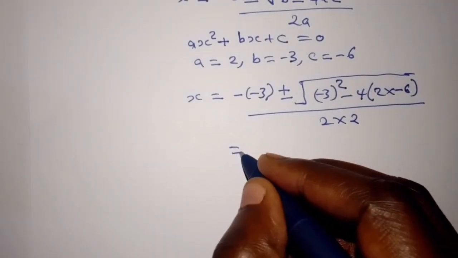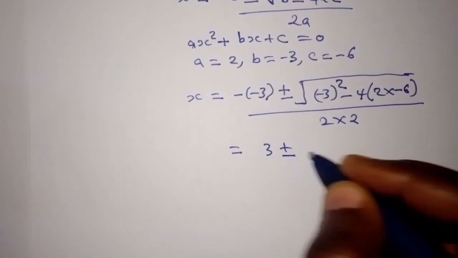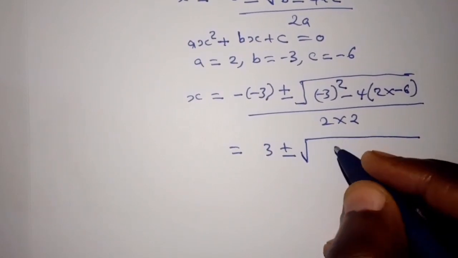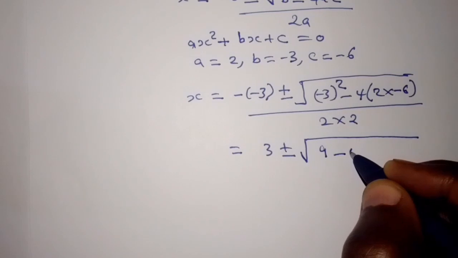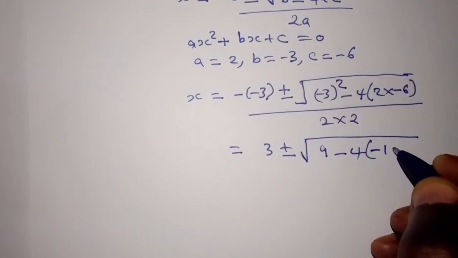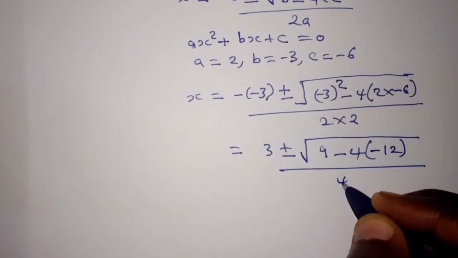This is giving us 3 ± the square root of (9 − 4(−12)) over 4.